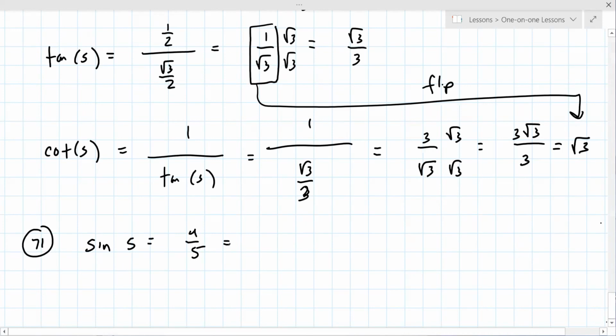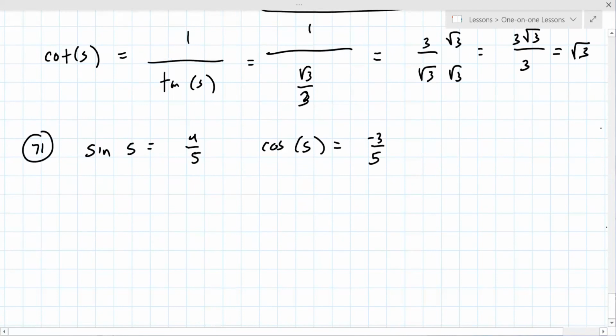Cosine s is minus 3/5. Which quadrant is this in, do you think? To the left, and then up. So quadrant 2. Is that correct?